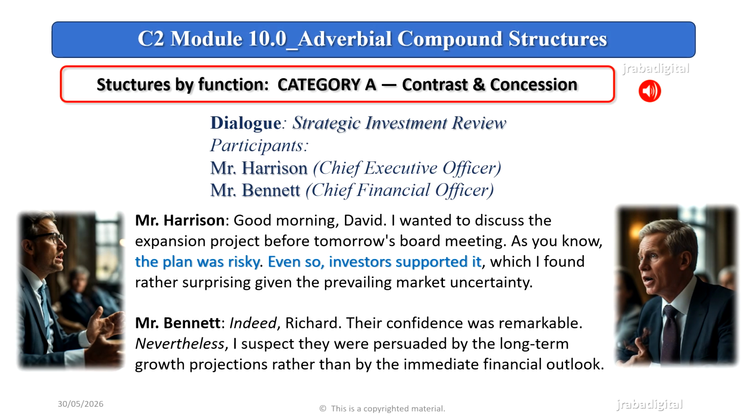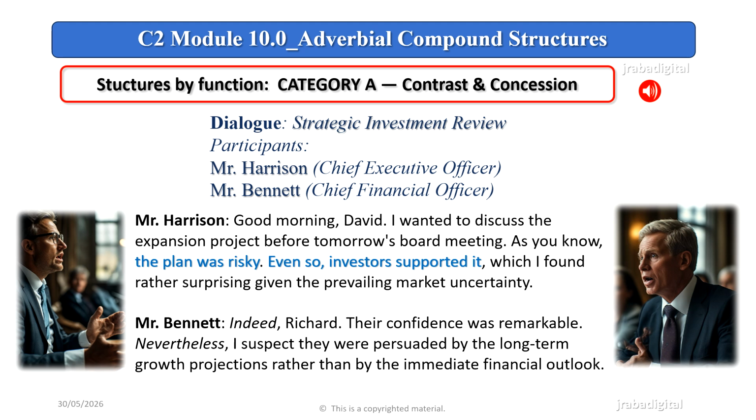C2 Module 10.0 Adverbial Compound Structures. Structures by function. Category A, contrast and concession. Dialogue, strategic investment review. Participants: Mr. Harrison, Mr. Bennett. Mr. Harrison: Good morning, David. I wanted to discuss the expansion project before tomorrow's board meeting.